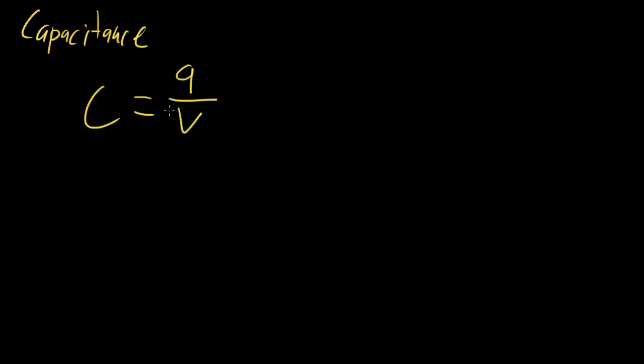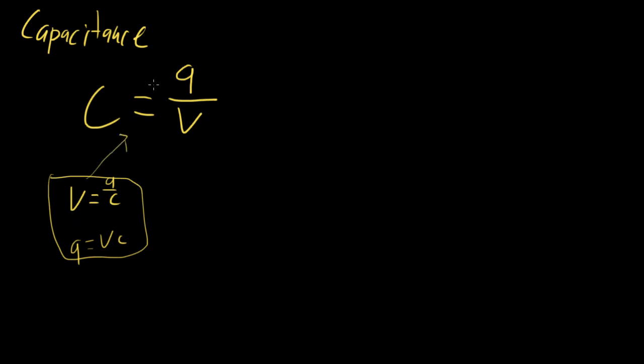So if you're trying to do a problem, you're just going to use this formula, and it's very simple. By the way, V equals Q over C, and Q equals VC, because some of you, I swear, still can't do algebra, just by the way. But there's your formula, C equals Q over V.